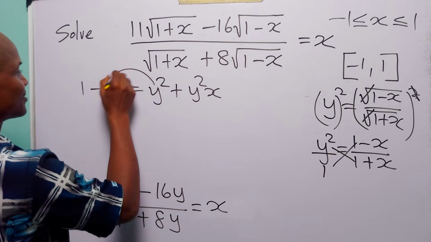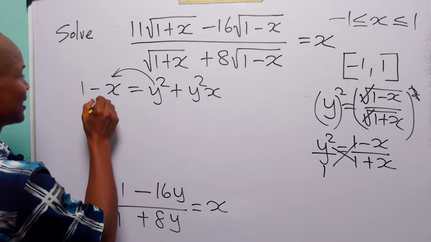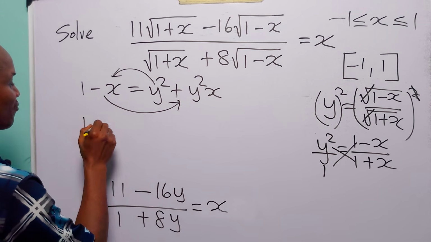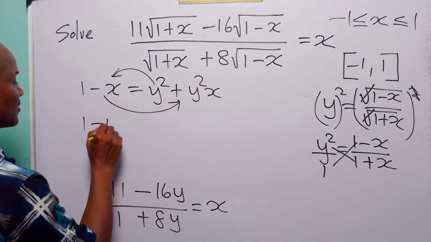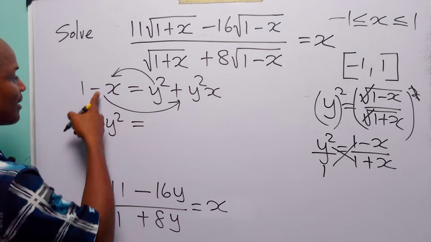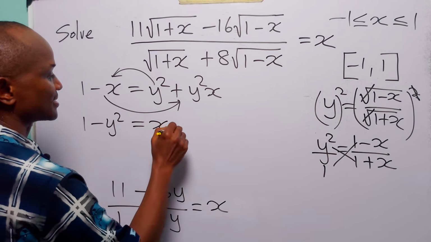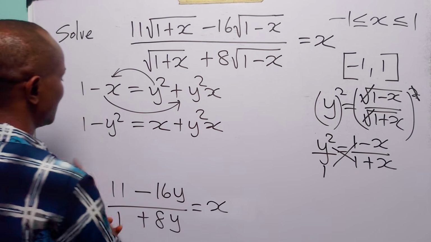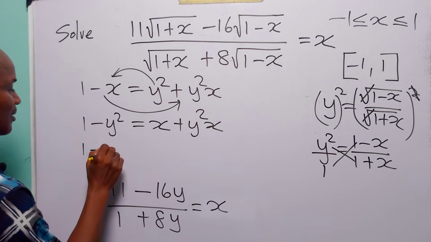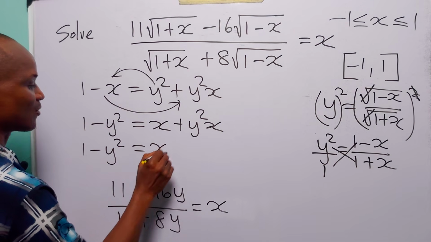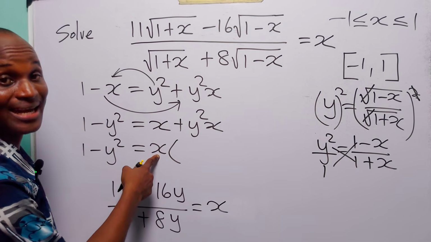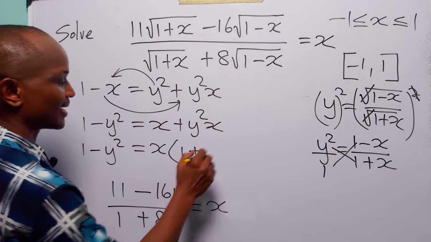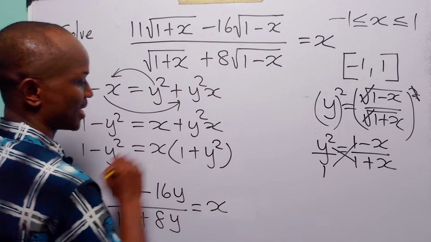Now let us move y squared over to the left and move minus x over to the right. When we do that, we have 1 minus y squared is equal to x plus y squared x. From here, we have that 1 minus y squared is equal to x into x divided by x is 1. Y squared x divided by x is y squared.